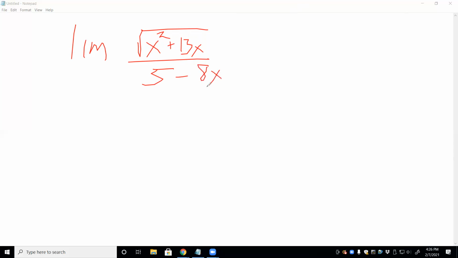Okay. So here's how we're going to do this. We can't take the square root of x squared plus 13x. You can take the square root of x squared, but when you add the 13x to it, I can't take it. But whenever x is going to infinity, the only terms you need to care about are the largest degree polynomial. In the numerator, it's that one, and in the denominator, it's that one.